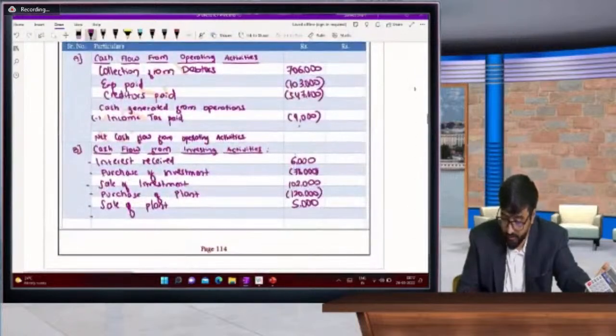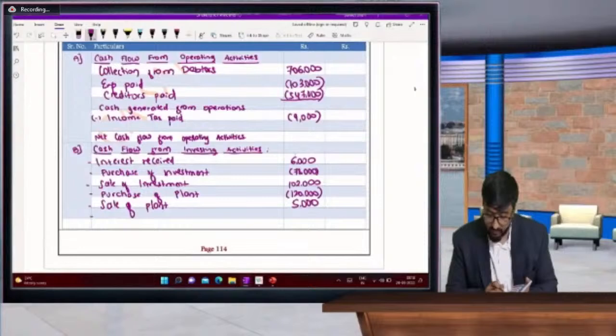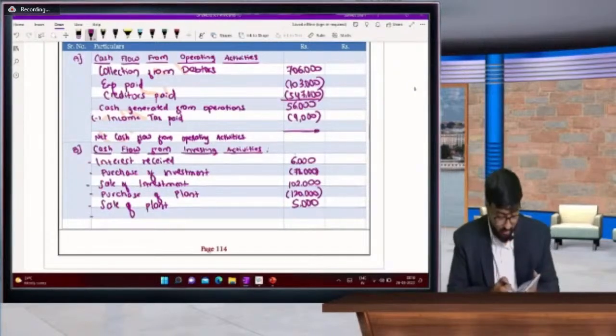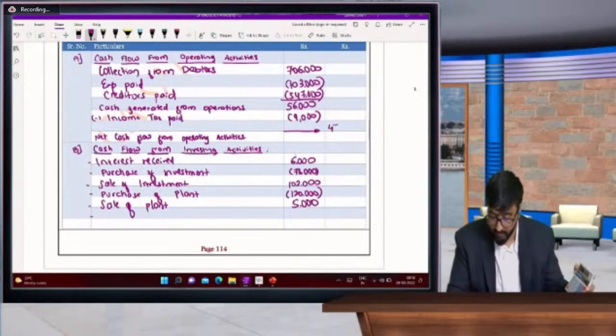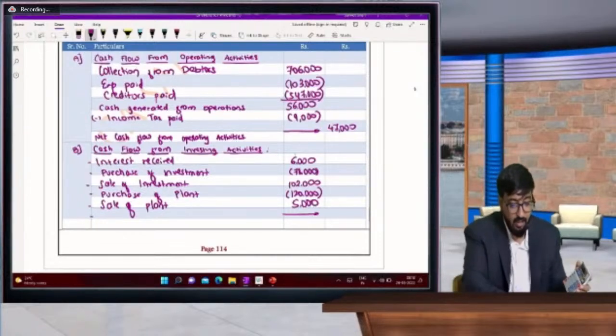Chalo. Now it's time for cash generated from operations. 706 minus 103 minus 547, 56,000 minus 9,000. I'm getting 47,000. Then 6 minus 78 plus 102 minus 120 plus 5, negative 85,000.